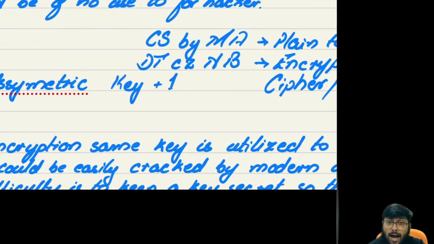That means I just wrote the next character of my original word. So the next character after C is D, S is T, B is C, Y is Z, M is N, A is B. So I utilized the key of +1. That means I was writing the next character that I actually wanted.